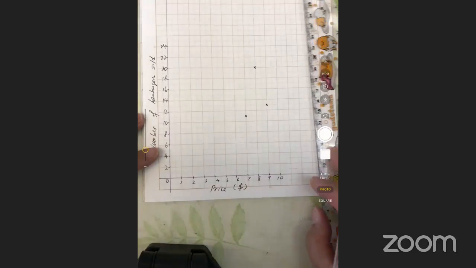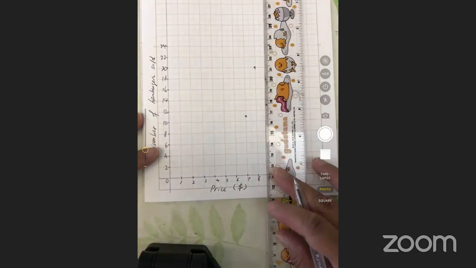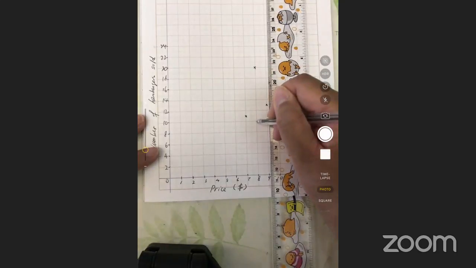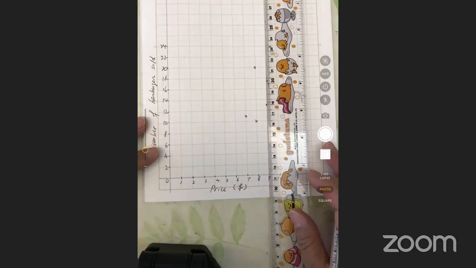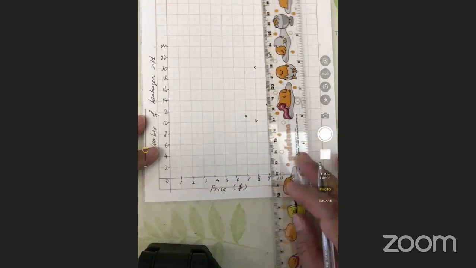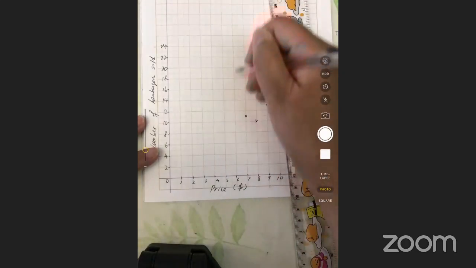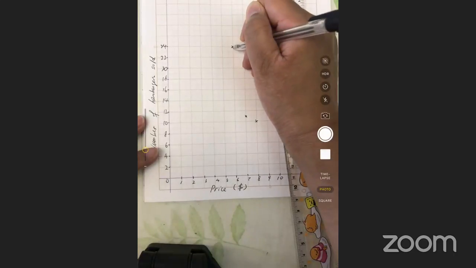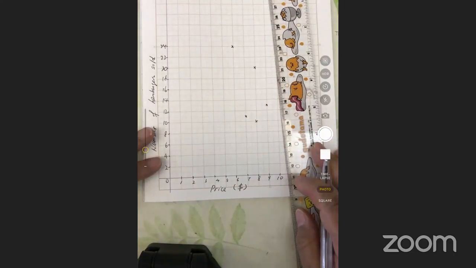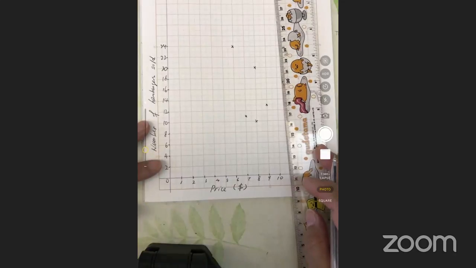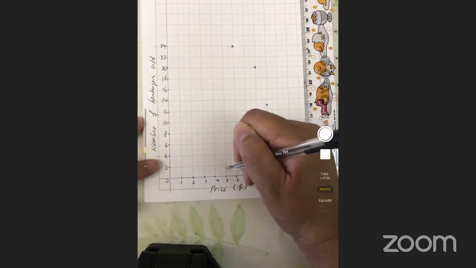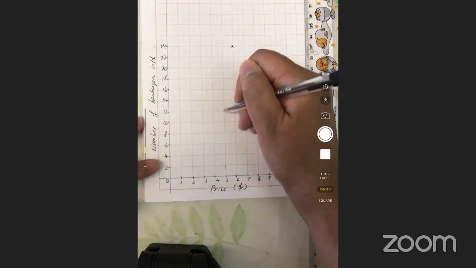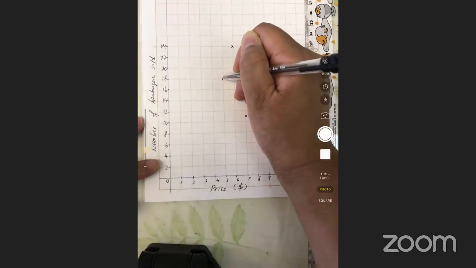$8, and then only 10 hamburgers are sold. And then for the one at $6, on one day, 24 are sold. And then $5, there's another type which is $5, and then 18.